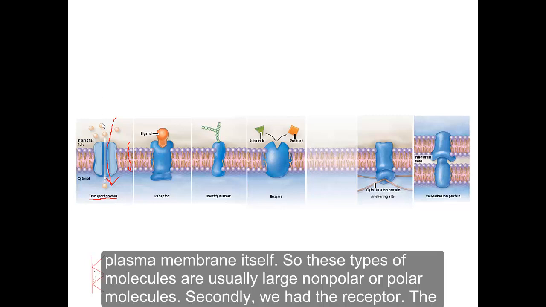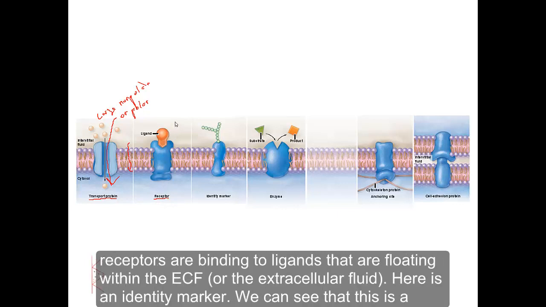So the molecules that need channels are usually large, nonpolar, or polar molecules. Secondly, we have the receptor, and the receptors are binding to ligands that are floating within the ECF, or the extracellular fluid.